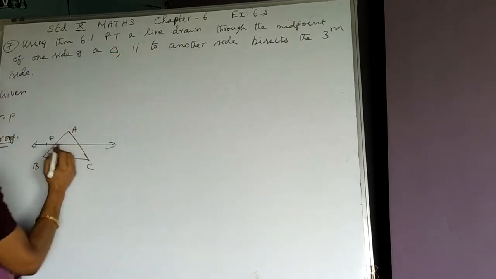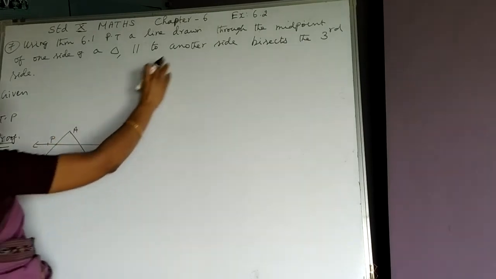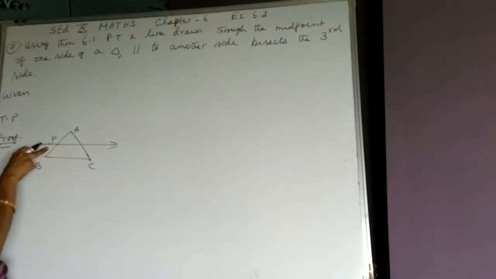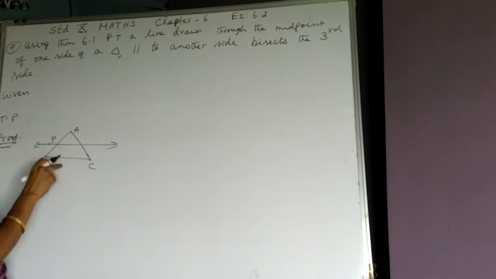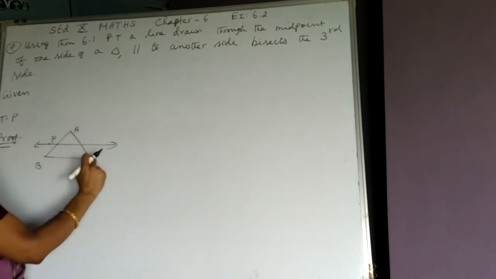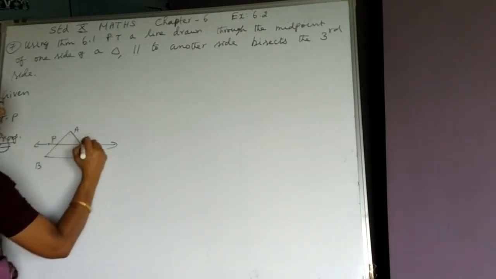Parallel to another side. So this is drawn parallel to BC. Bisects the third side. Through this side only the midpoint is taken. The line is drawn through the midpoint of one side and the line is taken parallel to BC. Now AC is called the third side. So we have to show this line passes through the midpoint of AC.